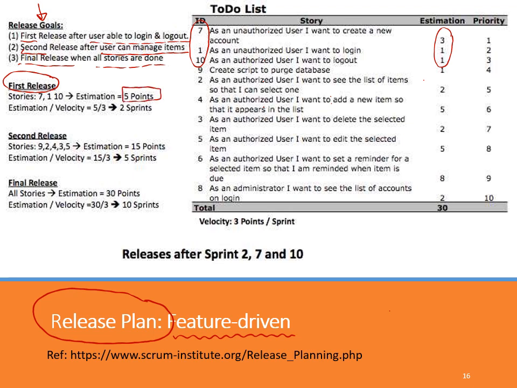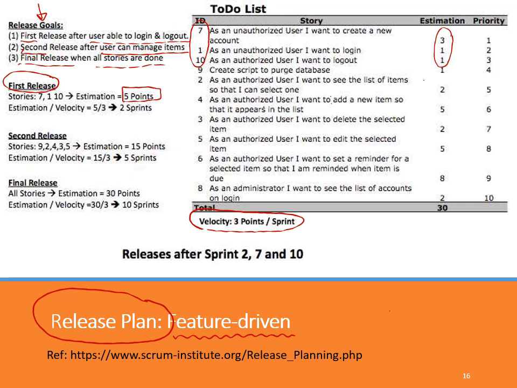And from our assumption here, for this example, suppose that our team can handle 3 points per sprint. This is the team velocity, which means how many effort points the whole team can complete within one sprint.